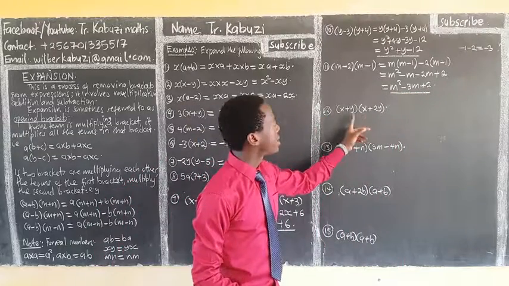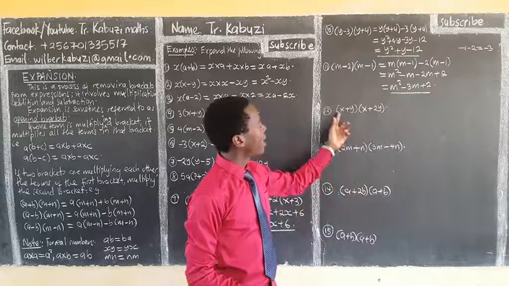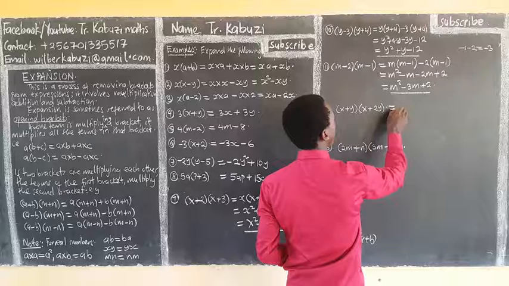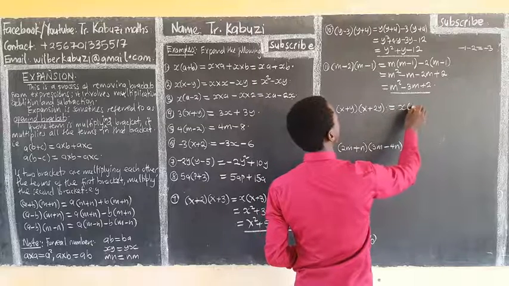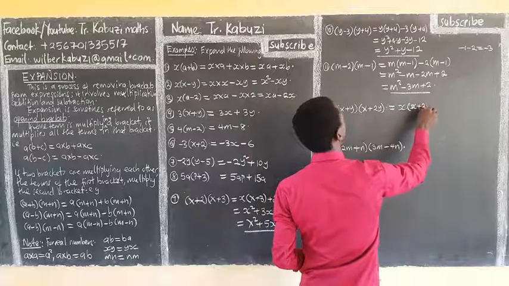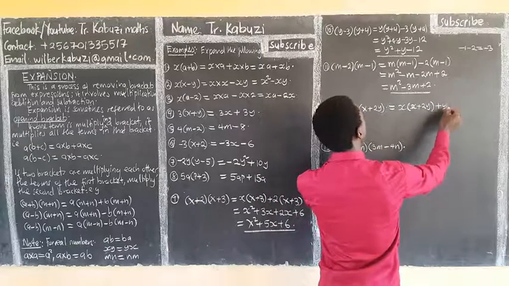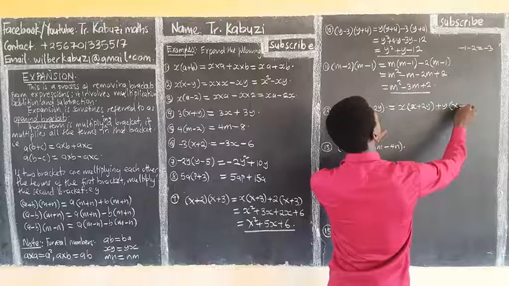When I come to this, the idea is the same. Terms of the first bracket multiply the second bracket. So this will be x into x plus 2y. Then this is positive, so positive y into x plus 2y.